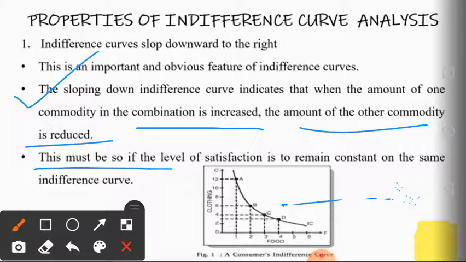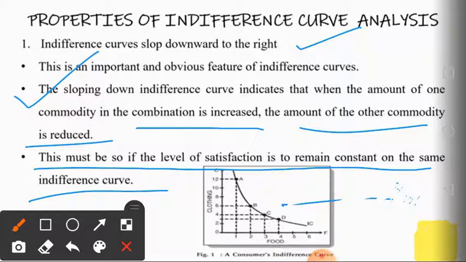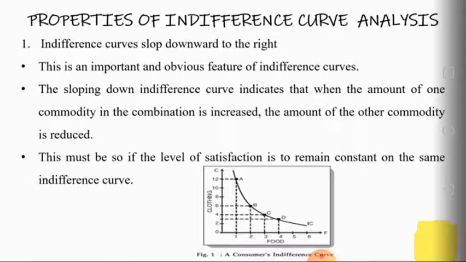This must be so if the level of satisfaction is to remain constant on the same indifference curve. So the first property is that the indifference curve slopes downward to the right side, and the reason is given here.